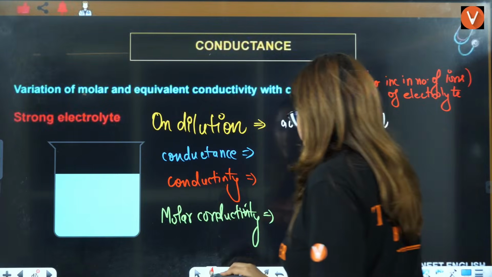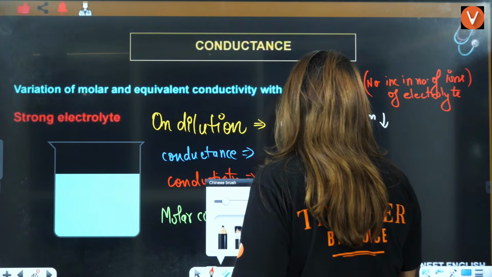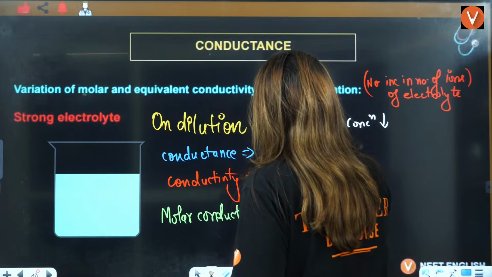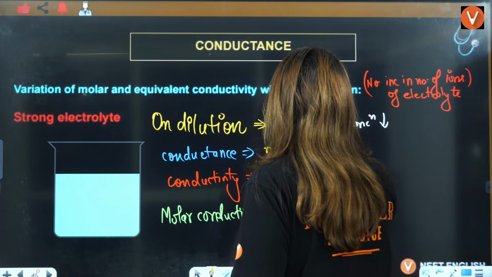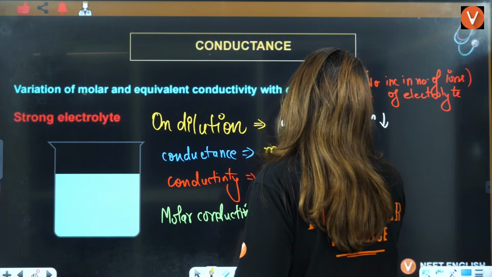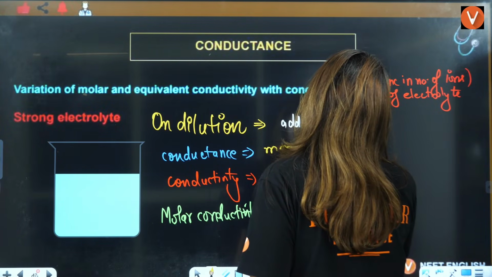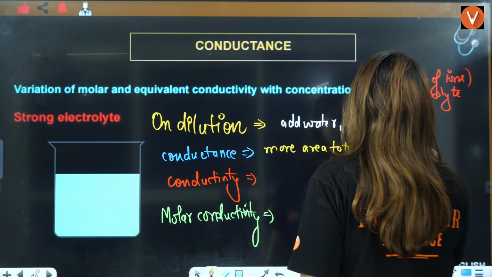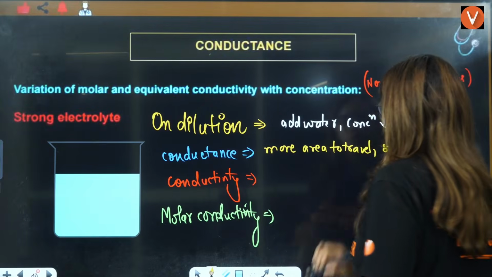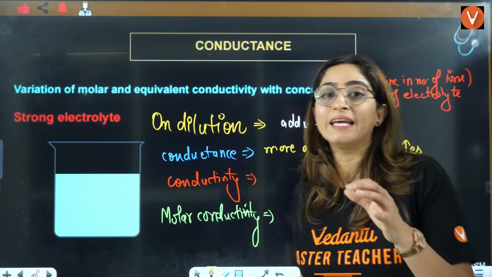That's why conductivity will increase. So can I just write here, more area to travel, so it increases. So conductance will increase.